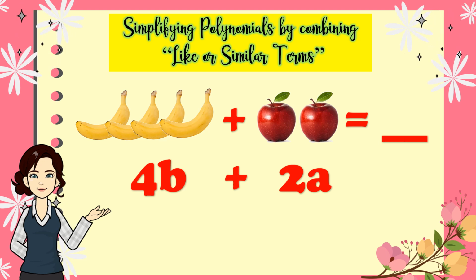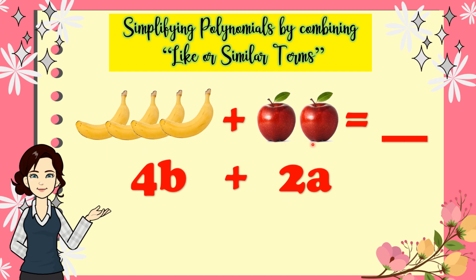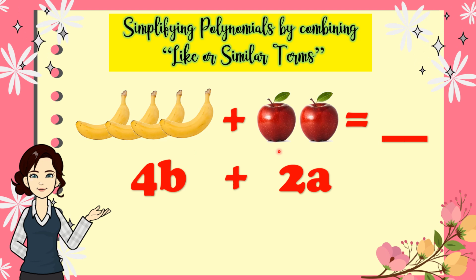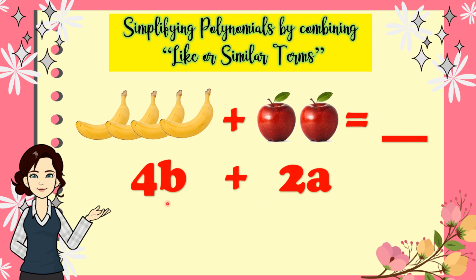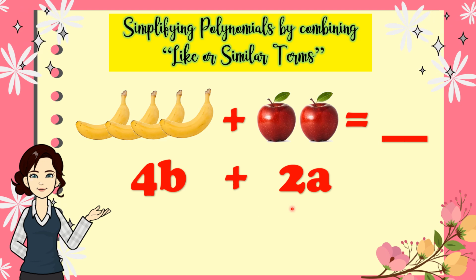So, kung titignan natin, they are dissimilar terms. So, practical na lang. Hindi natin mapag-iisa yung 4 na banana tsaka yung 2 apple kasi magkaibang kind sila o uri. Ganun din sa algebraic expression. We cannot combine unlike or dissimilar terms.